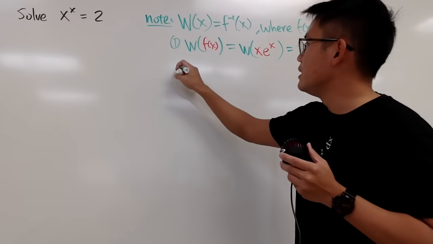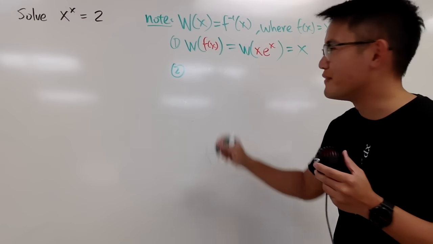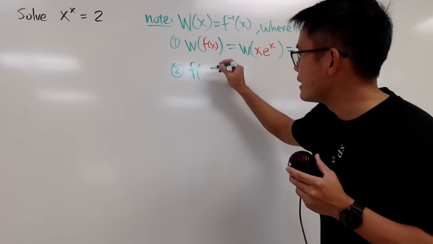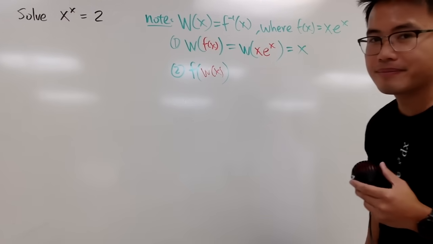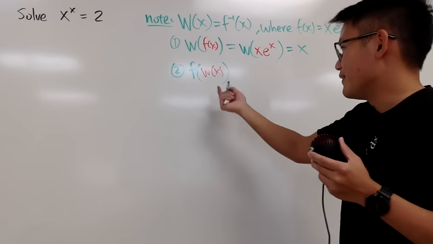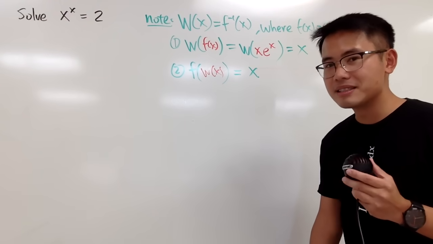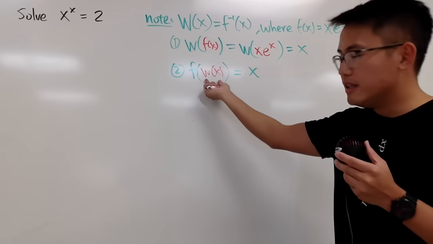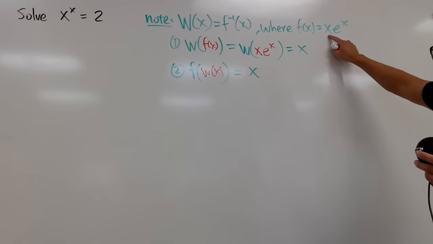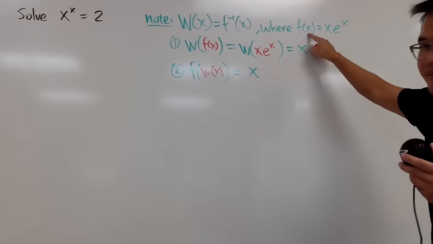And the second property is, well, I can enter W into f. So I can put down f first like this, and then enter W of x like that. Once again, because they are the inverse of each other, this is going to just give you x. This time, I will put W of x into this x and that x, because I'm trying to enter W of x into f.